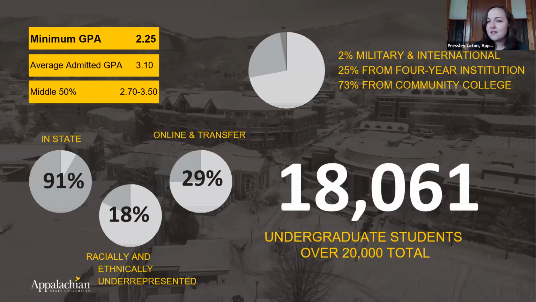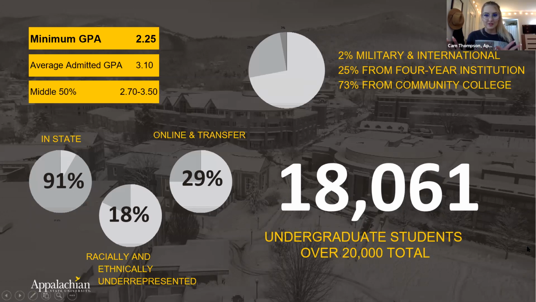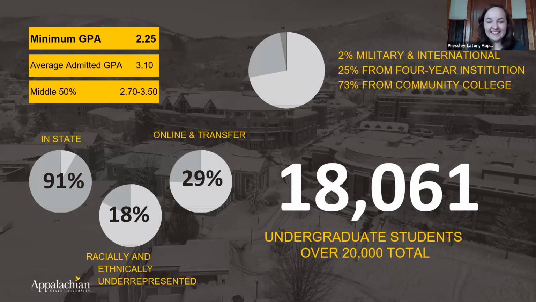So Cam, could you tell us a little bit about what that was like for you to come into App State and have that significant number of transfer students on campus? Yeah, absolutely. So I believe right now our percentage of transfer population is about 25%, about a quarter of all of our students, right? Is that right? 29. 29. Okay. Of all of our students are transfer students. When I came in, it was about a third.